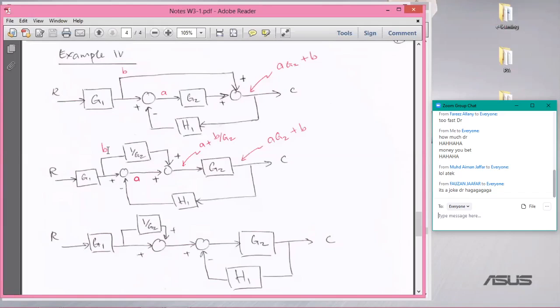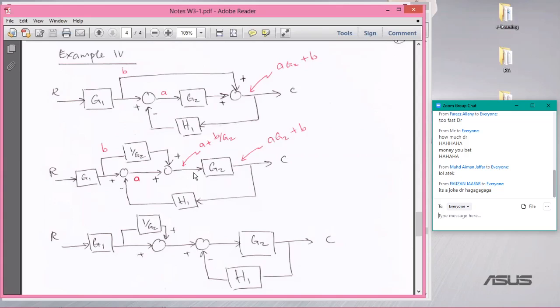So here this is B divided by G2. So this is A. Signal here is A plus B divided by G2. And then once you multiply by G2, you get A multiplied by G2 plus B. So you see this is equivalent. By moving the summing junction behind the block, the signal here remains A multiplied by G2 plus B.